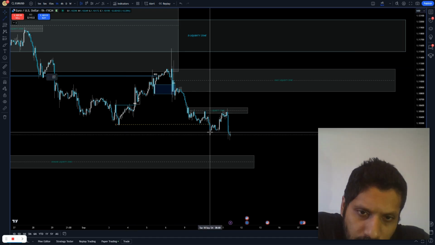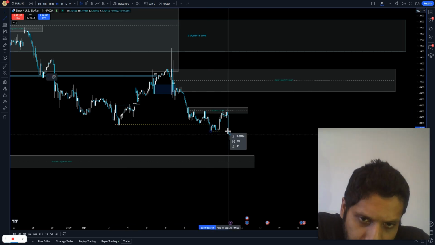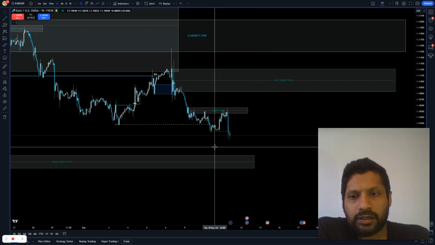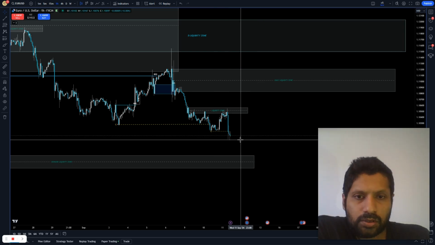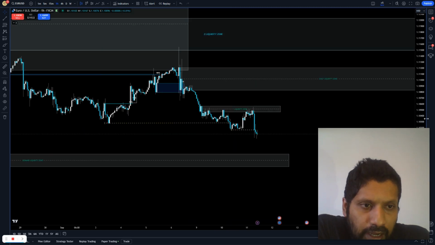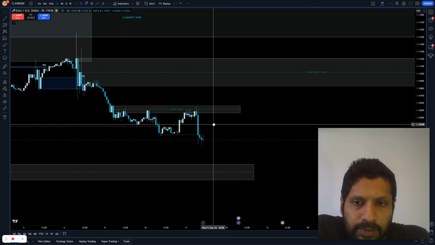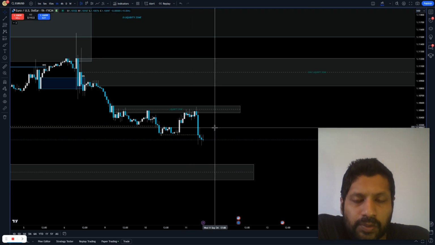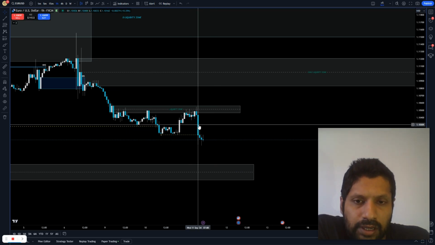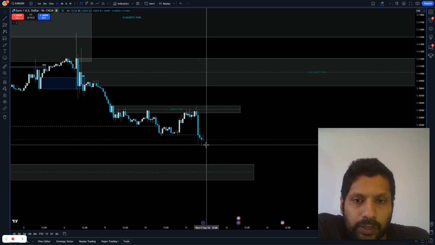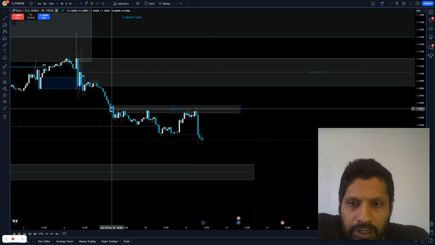It broke this structure, it broke that structure, and what are we going to do? We are going to look at this liquidity zone. Do you see any other places of disturbed liquidity? What I mean is any other opposite sort of candles. Now this is a sell side, so any buy side candles here, you don't see any stuck liquidity here. So the liquidity zone would again be this zone.